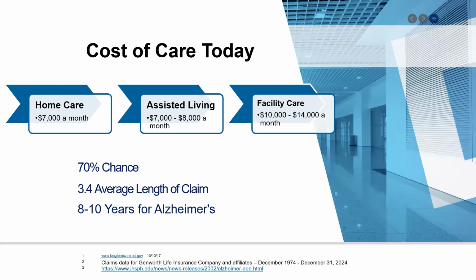But if you don't have a plan and now need to come up with $7,000 a month in extra income, that can be difficult. If you have a plan that maybe covers half of it, or if you have a plan that covers $4,000 a month, that is absolutely going to be meaningful in providing a benefit. And now the rest of the portfolio only needs to generate maybe $3,000 extra as opposed to that full $7,000.